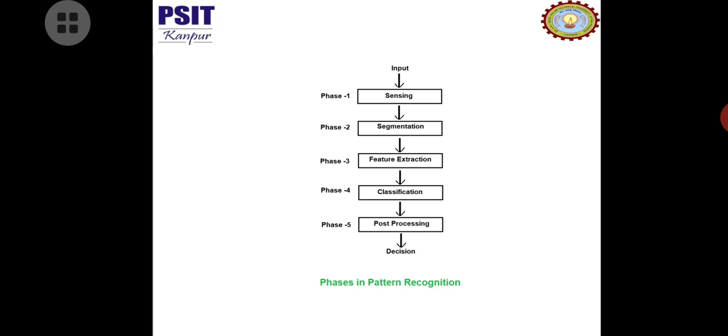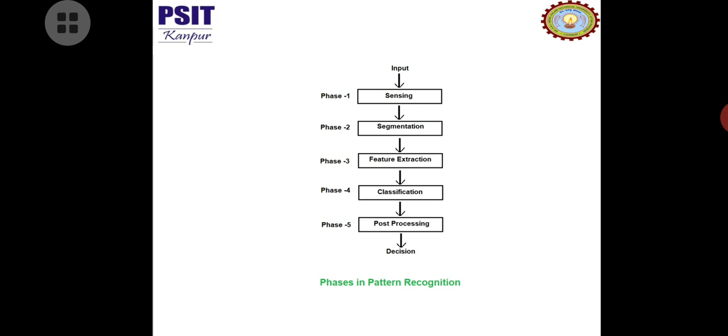Phase number 2 is all about segmentation. Phase number 3 is feature extraction, that means it is related to the properties of your object, which it takes for the classification.